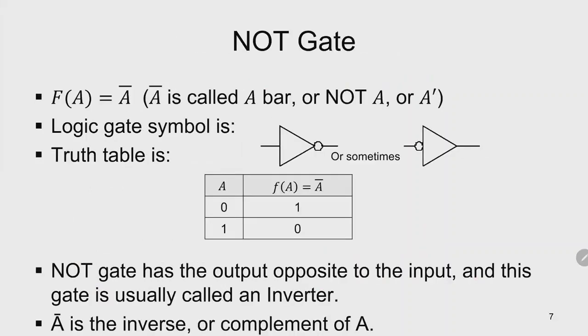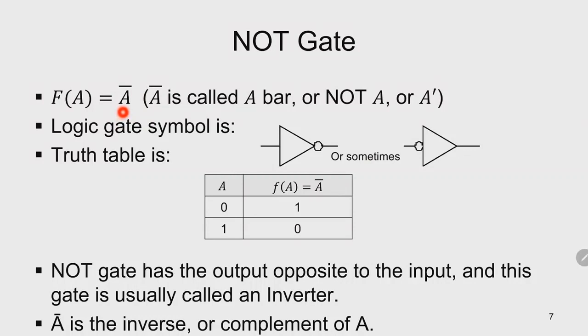Let's look at all the individual gates. First, the NOT gate, or the inverter. For a NOT gate, the input is A, and the output is called A bar. There are many different variations of writing this.